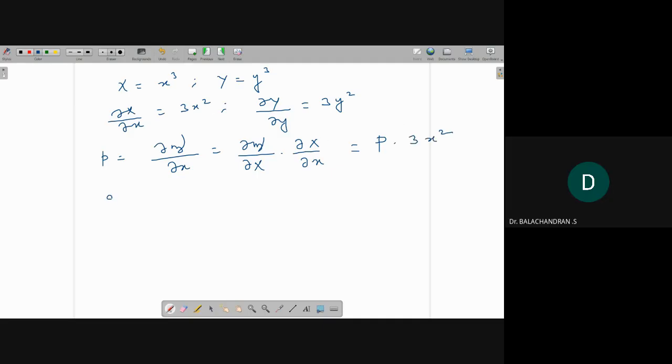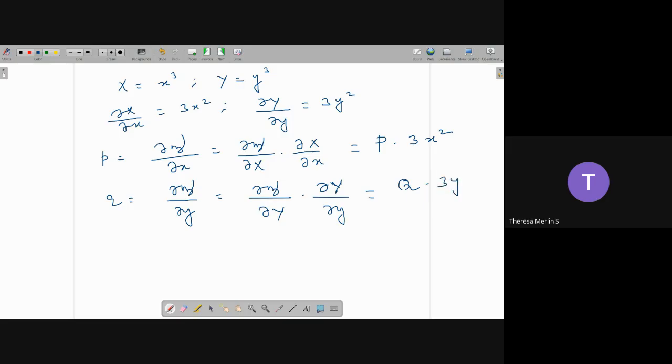So now Q is equal to dou z by dou y, which is equal to dou z by dou capital Y into dou capital Y by dou small y. So this is nothing but Q into 3y square.